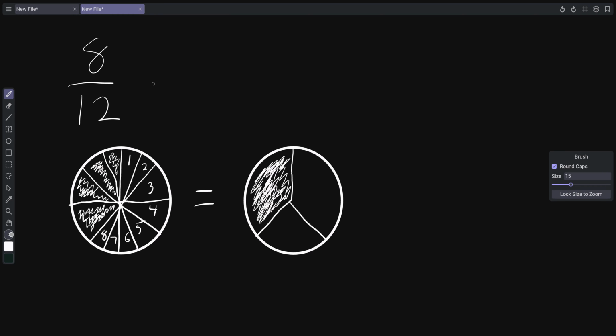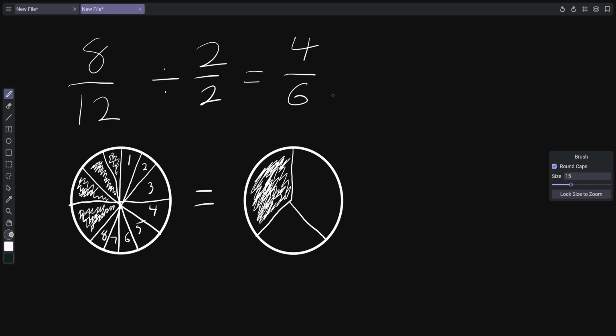You could take out 2 from the top and the bottom. You can start with 2. So if I divide 8 by 2, that will give me 4. And then if I divide 12 by 2, that would give me 6.